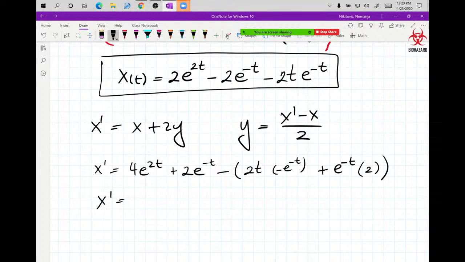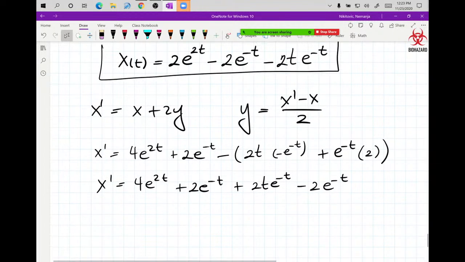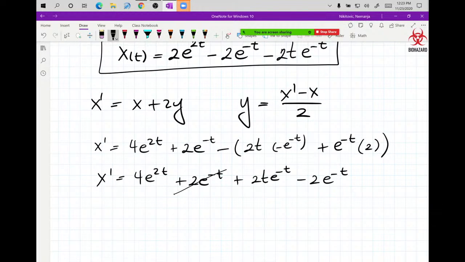So x prime is 4e to the 2t plus 2e to the minus t. And over here you have plus 2te to the negative t and minus 2e to the negative t. These guys cancel, as you can see.